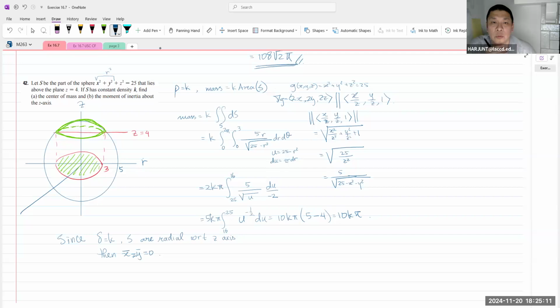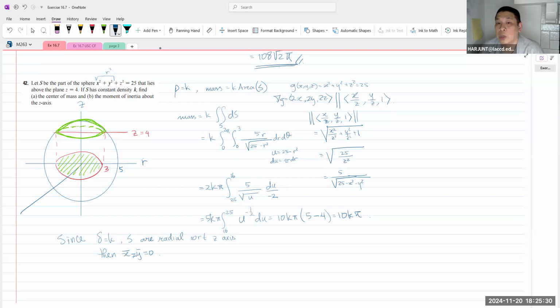You can say they are 0 without computation, but you need to give the reason, and the reason has to cover both: the shape of the surface, or whatever the domain of integration you have, the shape of the item you are integrating, and also the density has to be radial.